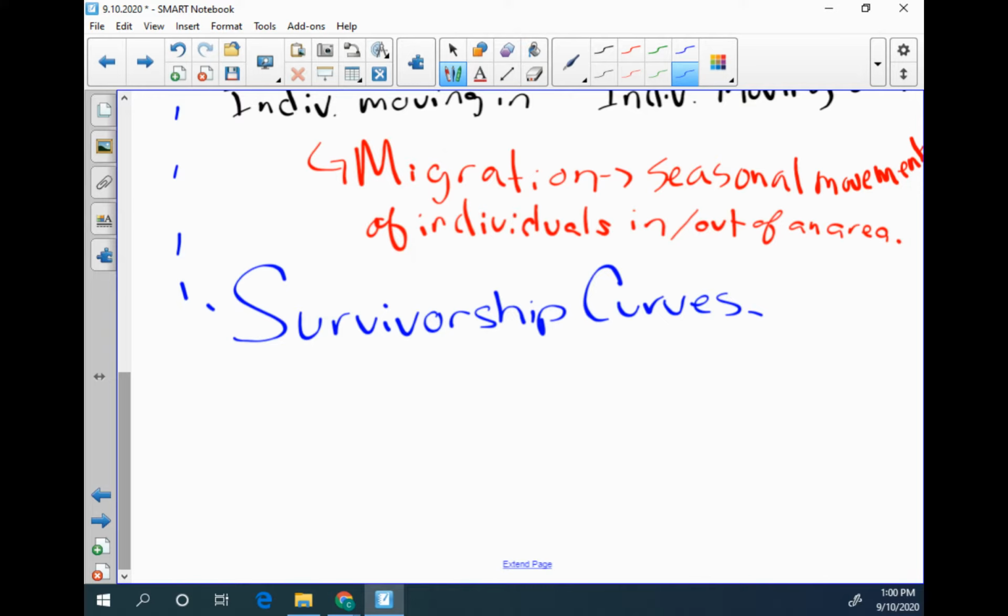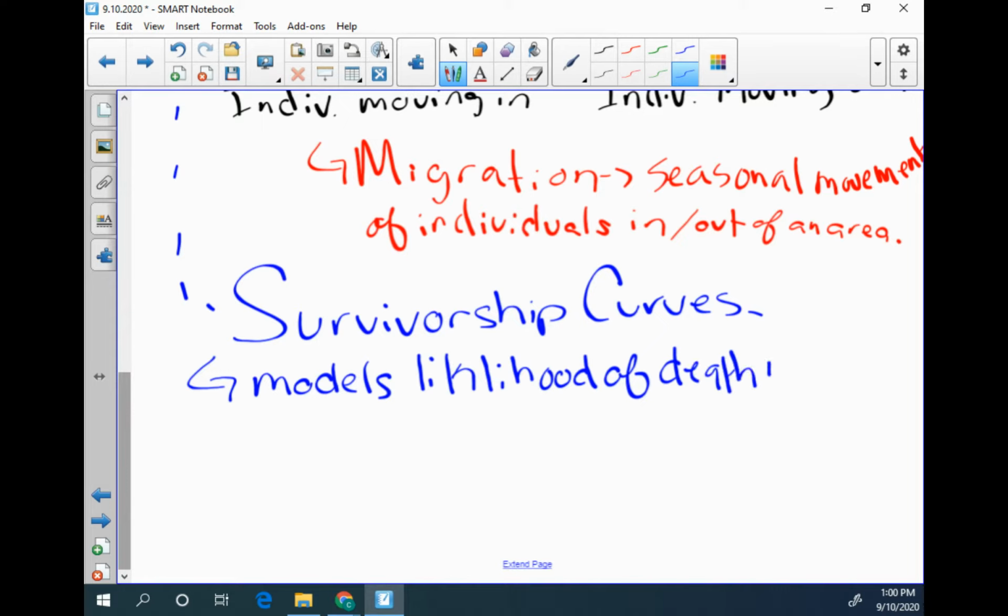So, a survivorship curve models the likelihood of death with age, because individuals at different ages have different probabilities of dying.